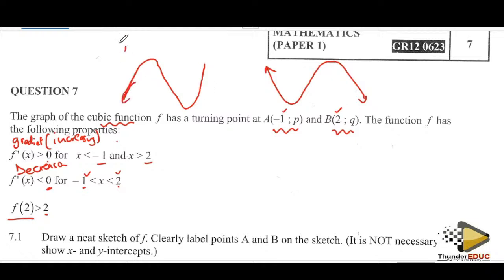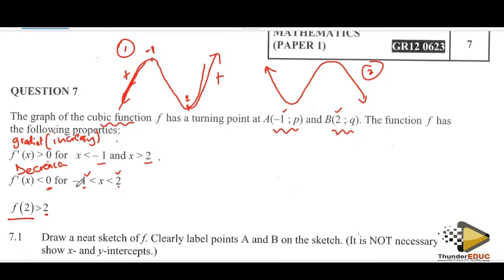Now, with the first option, this is the skeleton. They told us the turning points are at -1 and 2. So if I call this my -1, and this is my 2, for x greater than 2, the graph is increasing. You can see that the gradient is positive. And for x less than -1, the gradient is still positive.